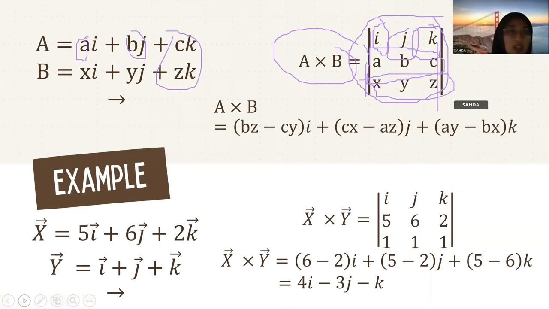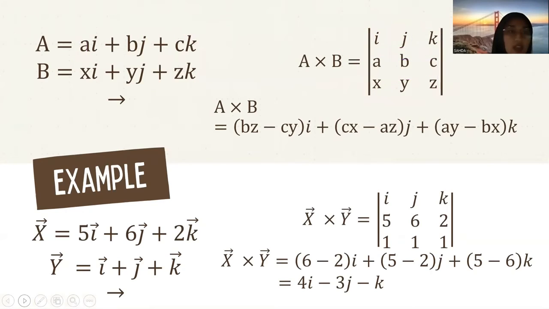Now what you have to focus on is the i hat in the first row. Okay, this is the j hat.